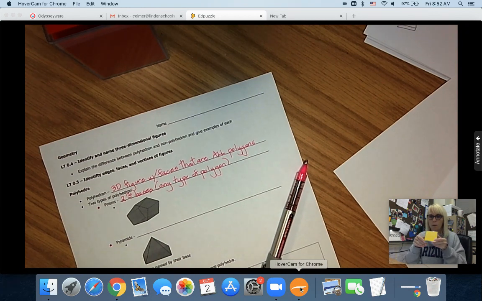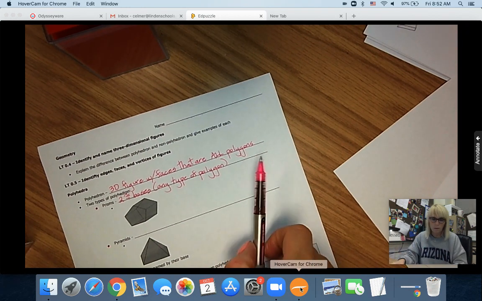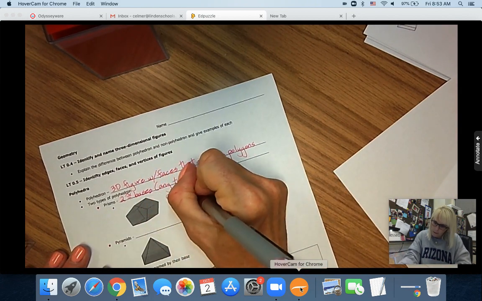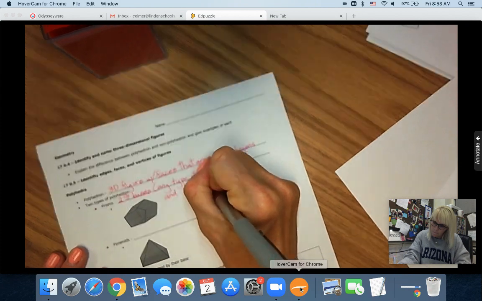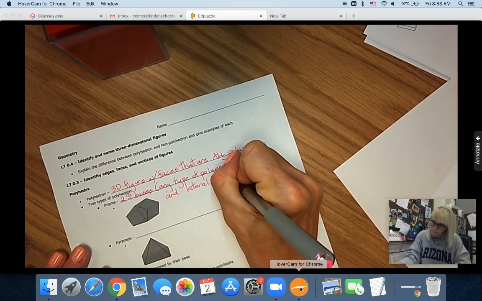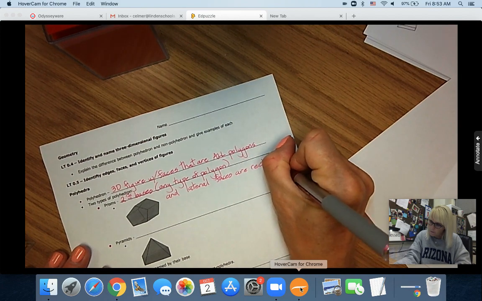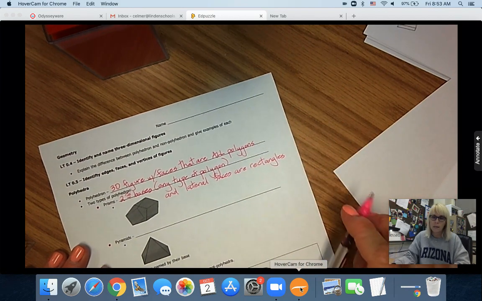Okay, so hopefully you said rectangle. Okay, I'm going to write that down here. And lateral faces are rectangles.